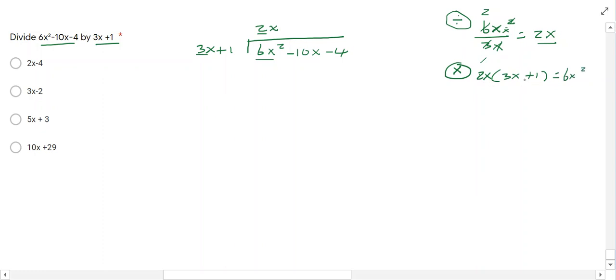And then 2x by plus 1 is equal to plus 2x. So this answer from your multiplication phase, you're putting it underneath here. So it's going to be 6x squared plus 2x, and then we're entering into the subtraction phase.